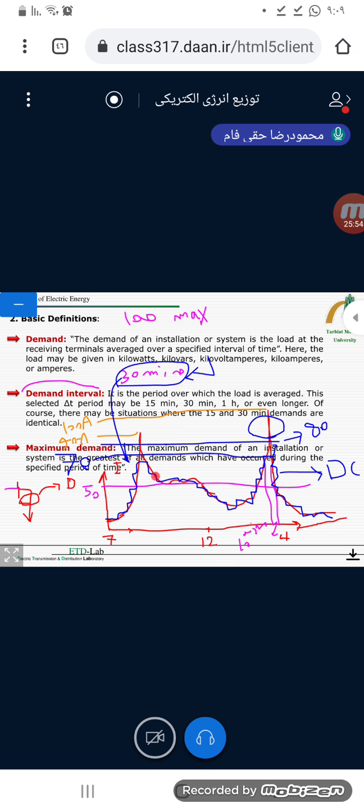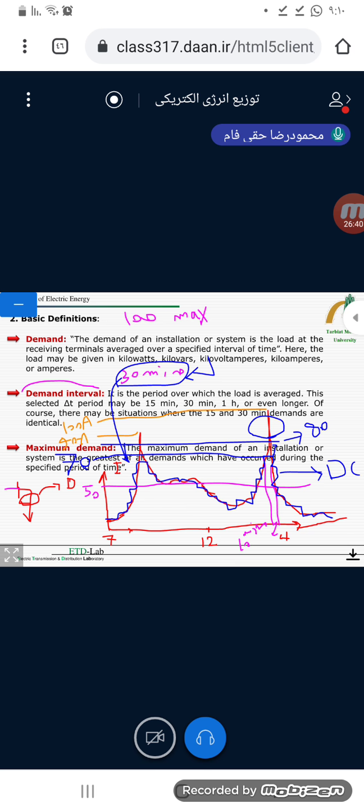This red curve is the load curve, measured and recorded by the data logger, and the blue curve is the curve averaged in demand intervals, for example, here 30 minutes. This blue color curve is called the demand curve. Do you have any comments?